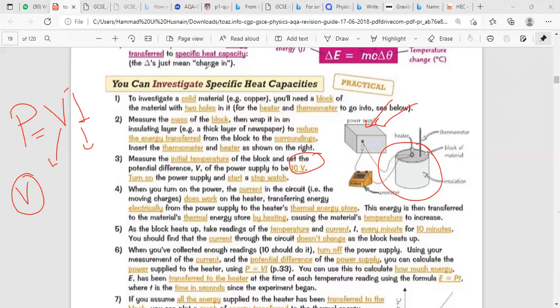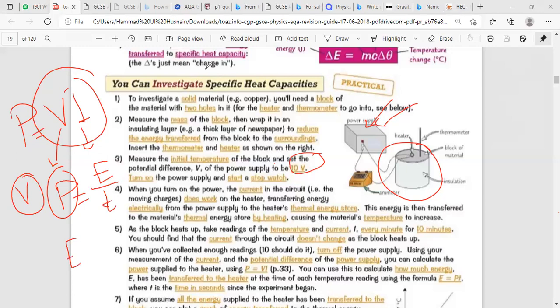So we find the value of current. From this, we multiply these two values to find the power, and we know power is basically energy per unit time, that is, how much work a body can do in a certain time. So we have found the power, and we measure the time by using the stopwatch.